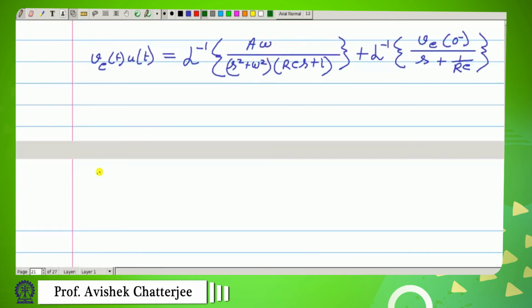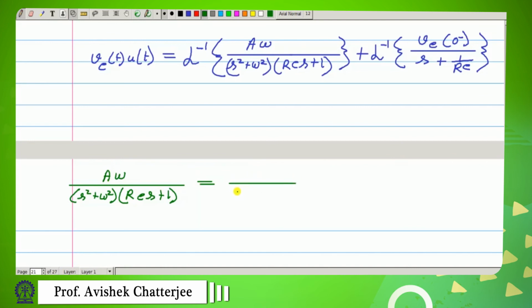Now this term, A omega divided by (s square plus omega square)(RCs plus 1), you can do a partial fraction in this way.